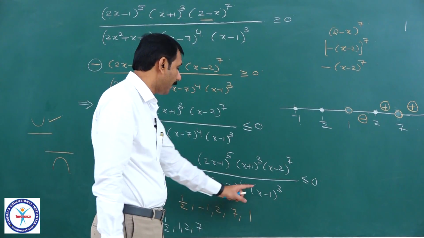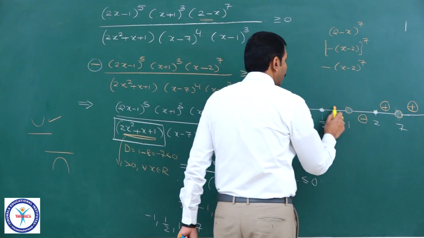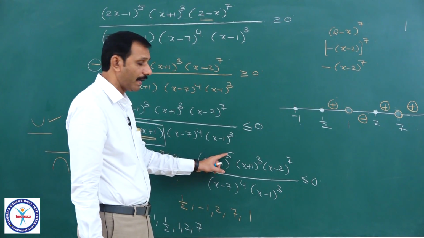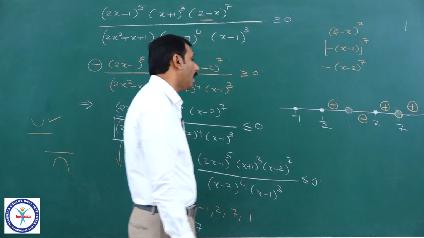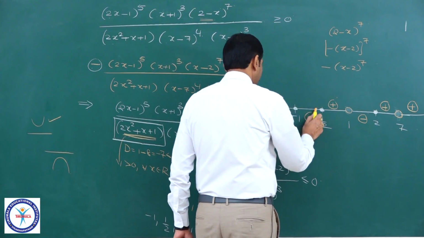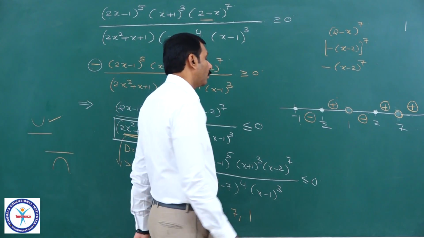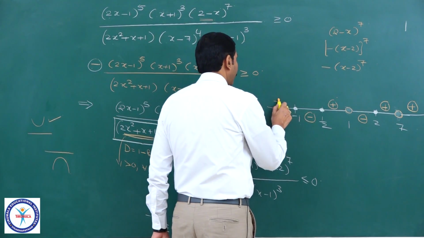At 1, x minus 1 whole cube, odd, minus to plus. Next 1 by 2: whole power 5, odd, means plus to minus. Minus 1: whole cube, odd, therefore it is minus to plus.